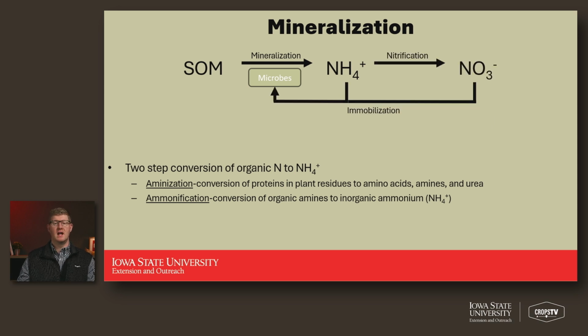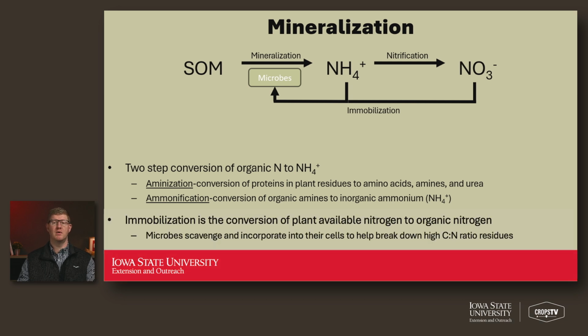The other thing that I want to highlight about this process is that it is reversible, and the reverse of mineralization is known as immobilization. That is when plant available nitrogen is removed from the soil solution and made unavailable. This typically happens when the microbes in the soil are trying to break down high carbon residues.